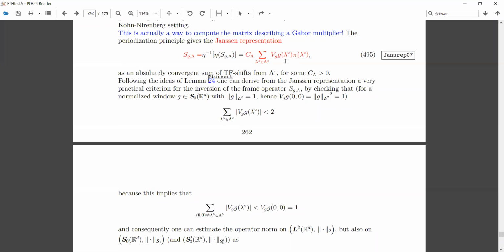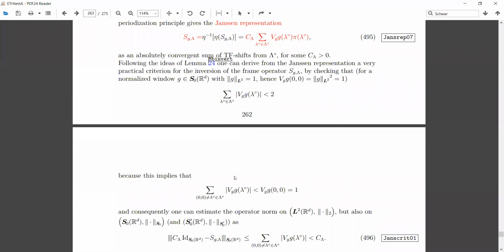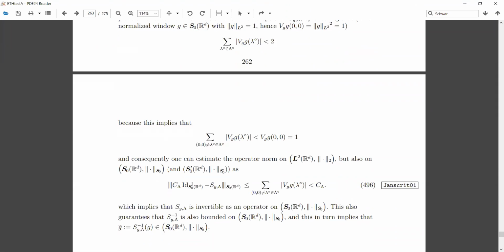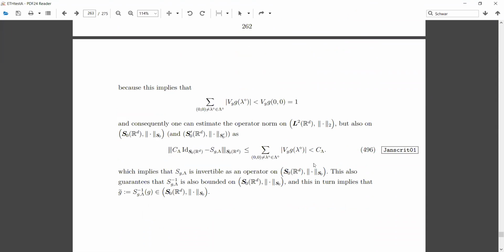So you're taking the square maybe of this sum, but with the pi lambda 0. You're writing a simple geometric series, and this is a well-defined operator. Actually, it's not only a well-defined operator on L2, but it's even an operator on any Lp space, on S0, for example. You see here, the difference is small enough, and so you can invert it.